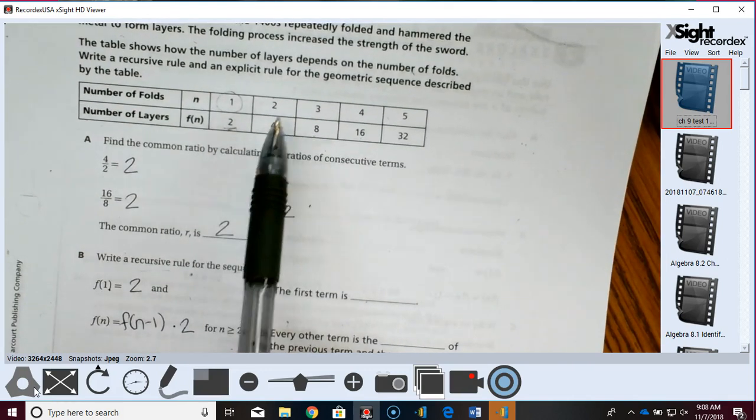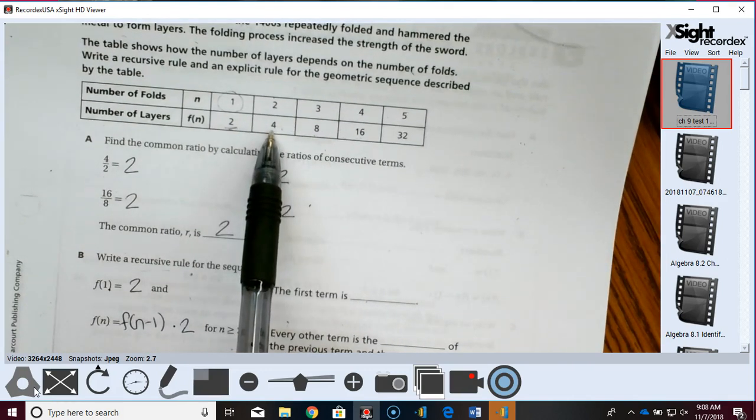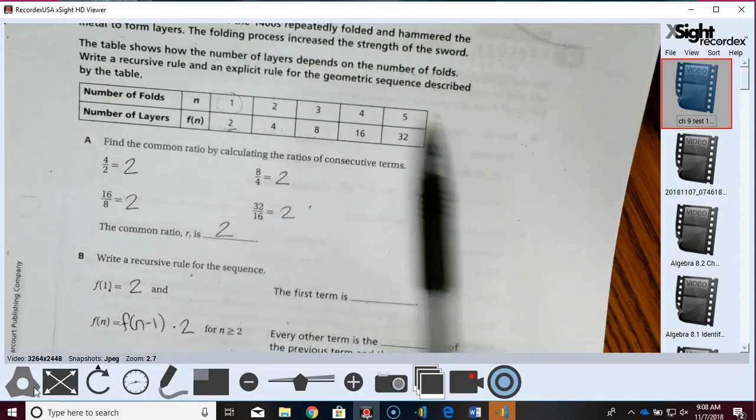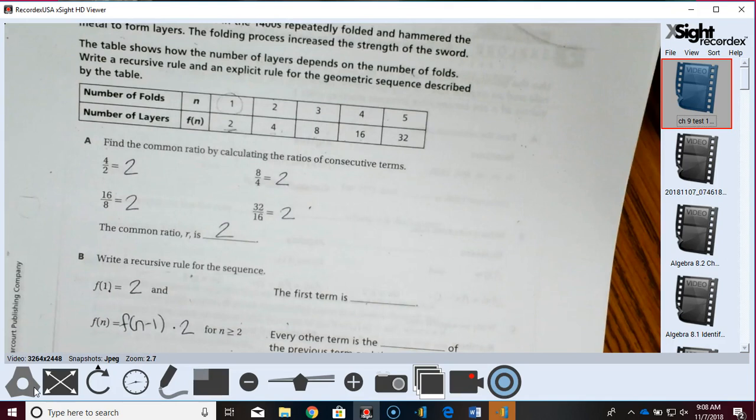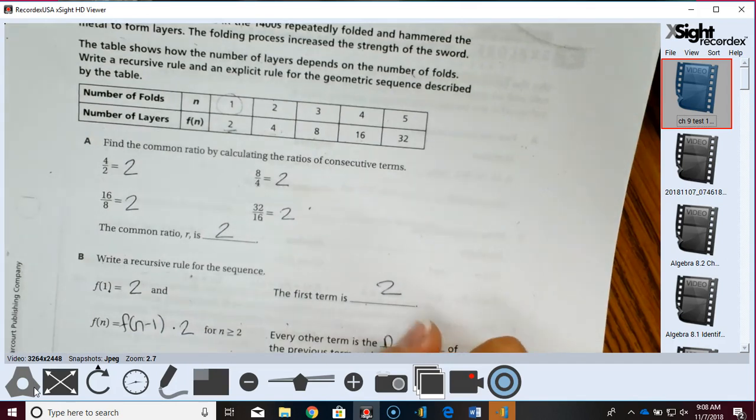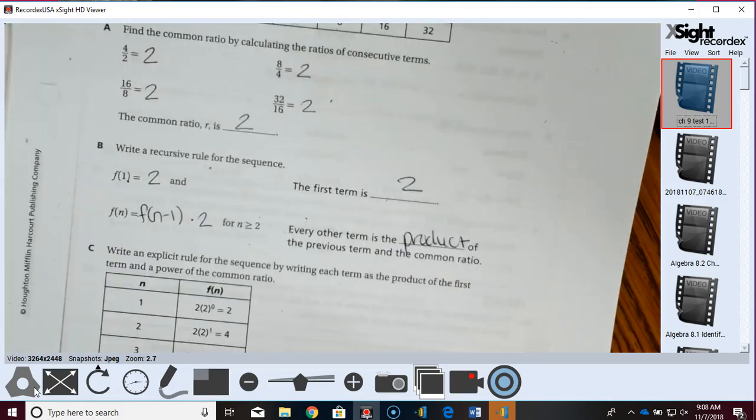Your previous term, 4, times 2 is 8. Term 5 is your previous term times 2, right? The first term is 2. Every other term is the product of the previous term and the common ratio.